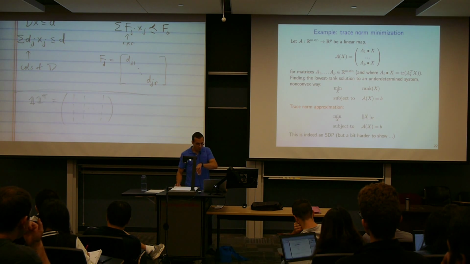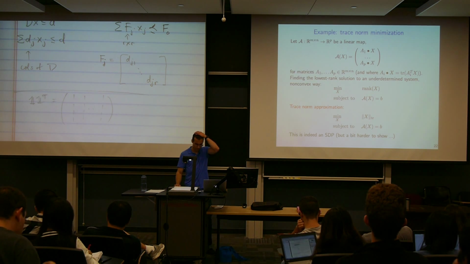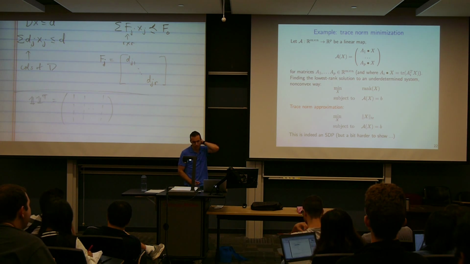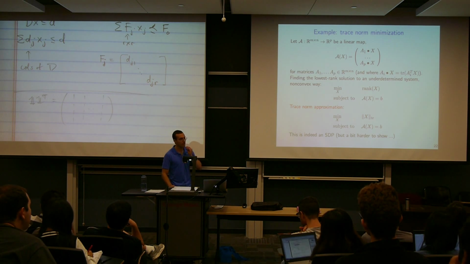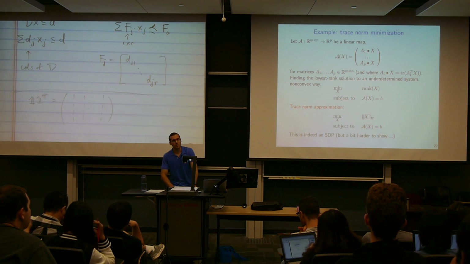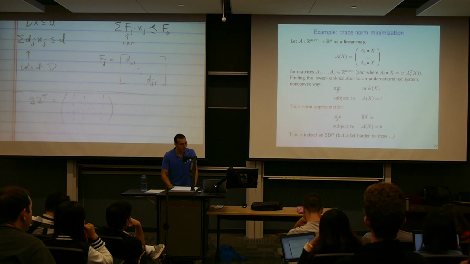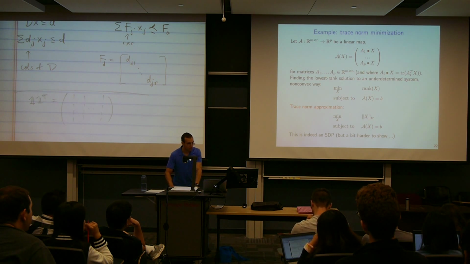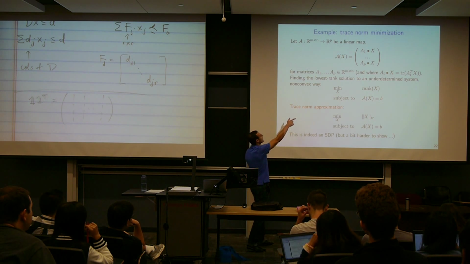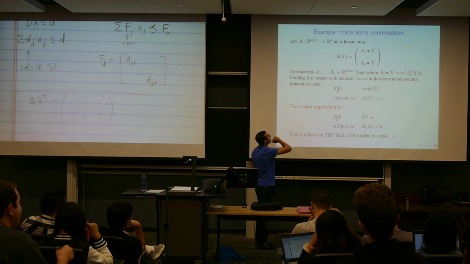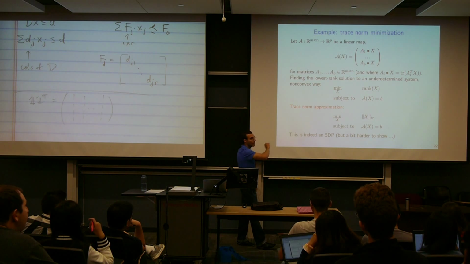OK. A more relevant SDP, in a sense, to this class at least, is the trace norm minimization problem. So this is the analog to the sparse linear system problem we talked about at the start, but for matrices. Now I'm trying to find the solution to a system of linear matrix inequalities that's low rank.